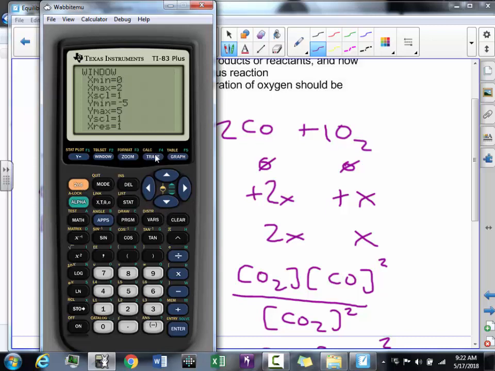So if I go second, calculate, zeros, hopefully somewhere in here is going to be an x-intercept. Boom, found an x-intercept. If you guys remember how to do this, go on the left-hand side of the line, go on the right-hand side of the line, and it's at, call it 1.13. You guys able to replicate that?